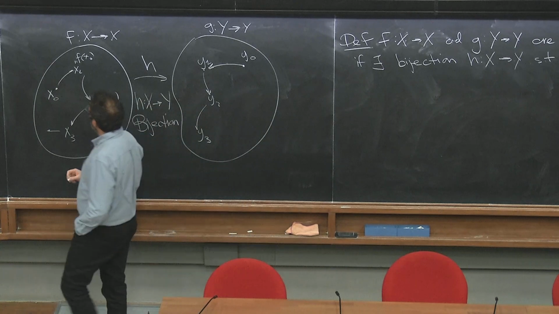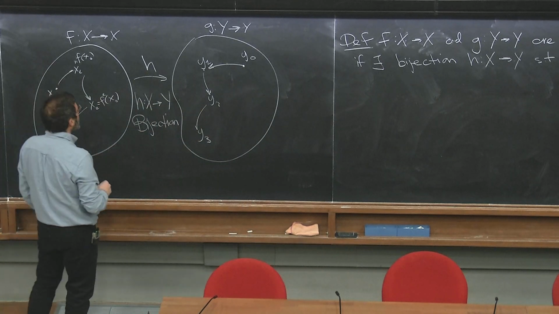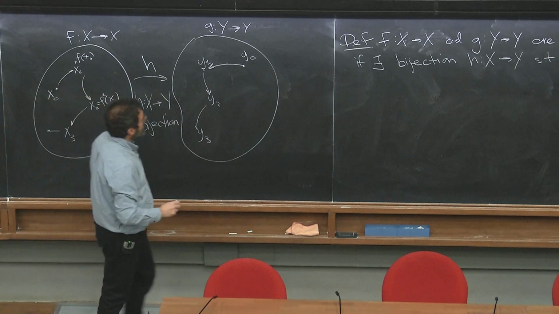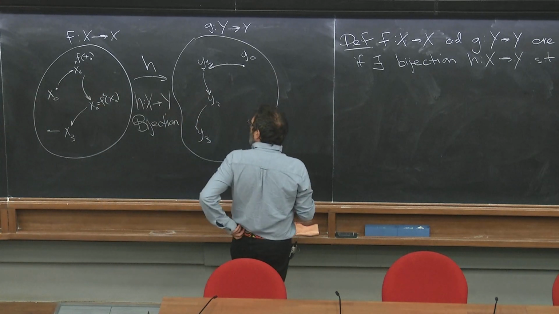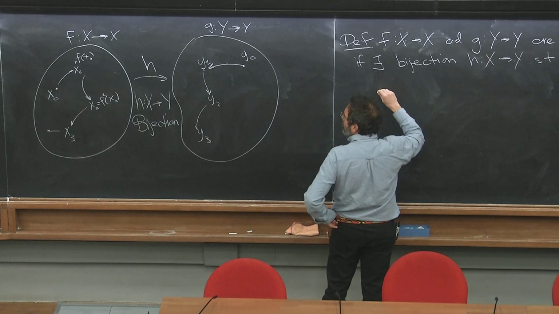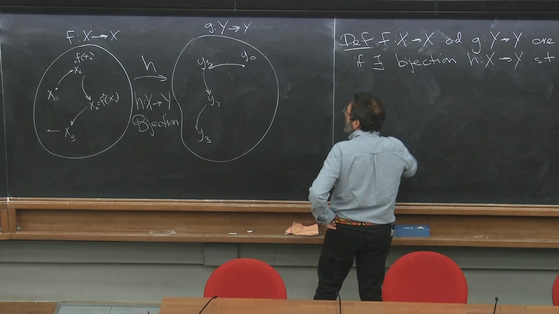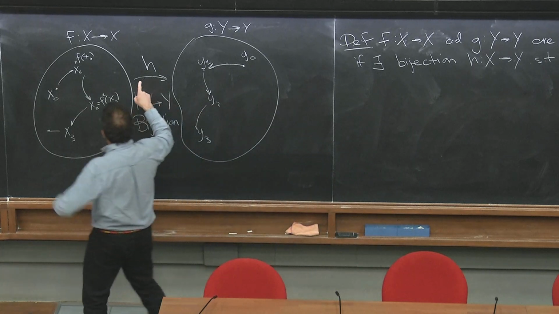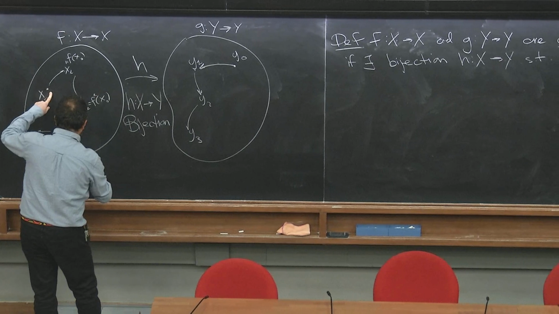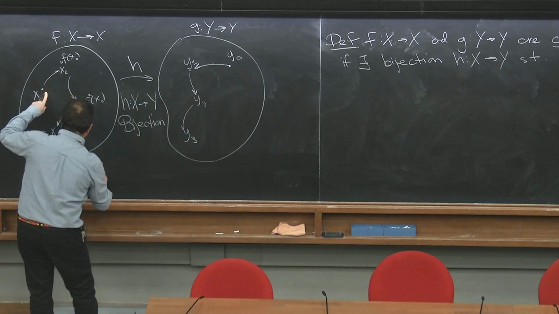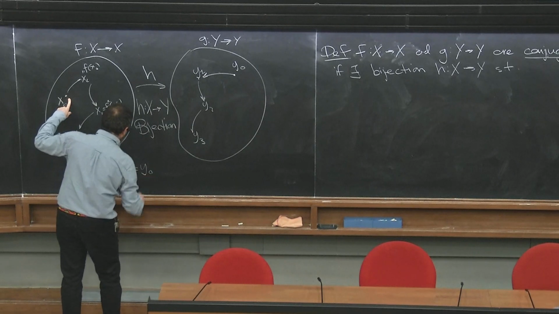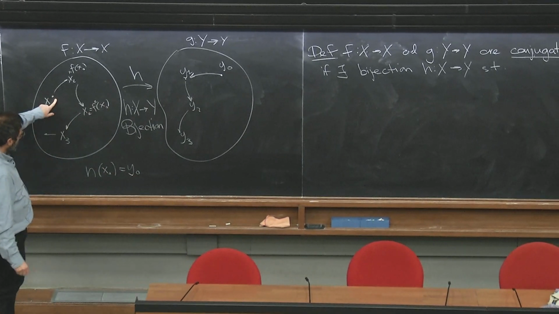so what do we want this bijection to do? So if H maps x0 to y0, so what we want here is that if H of x0 equals y0, right?